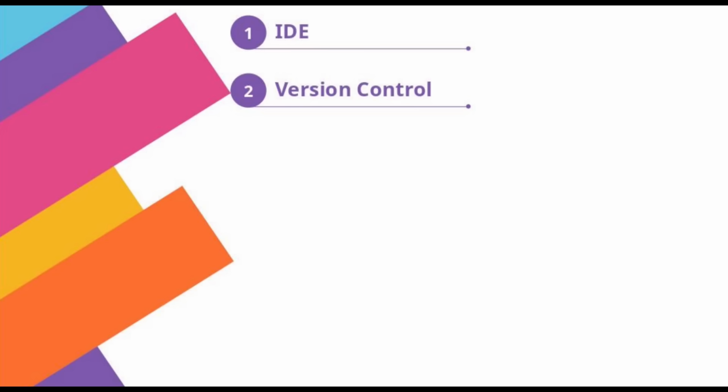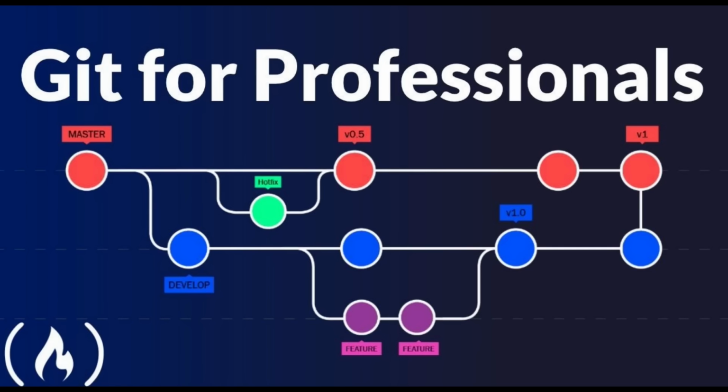The next software development tool that is necessary for all developers is version control. In software engineering, version control or source code management, like Git, is a class of systems responsible for managing changes to computer programs, documents, or other collections of information. What does it mean?